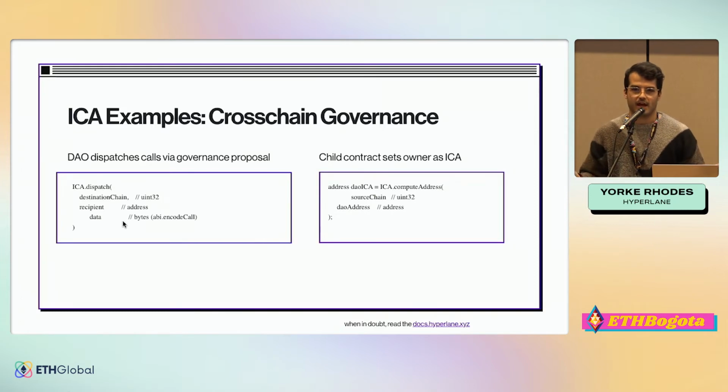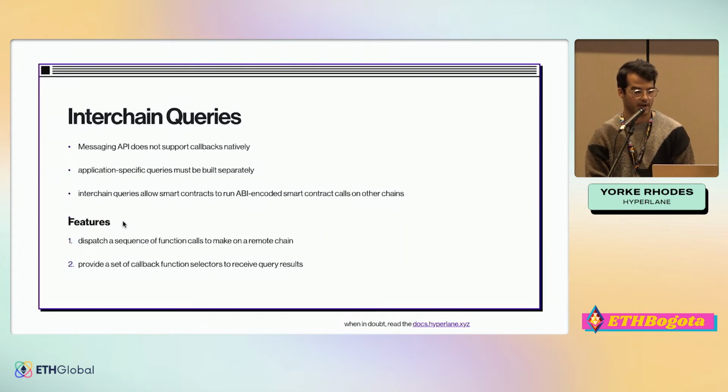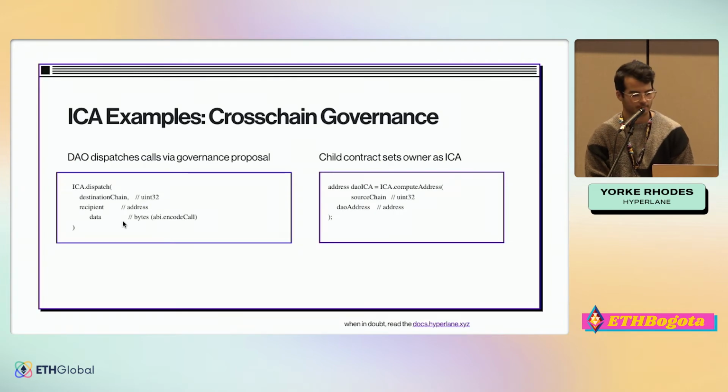And you have cross-chain governance for free. So there's one example. But yeah, I think the Interchain Accounts API makes it much easier to work with the Hyperlane system. So definitely recommend you check it out on the docs.